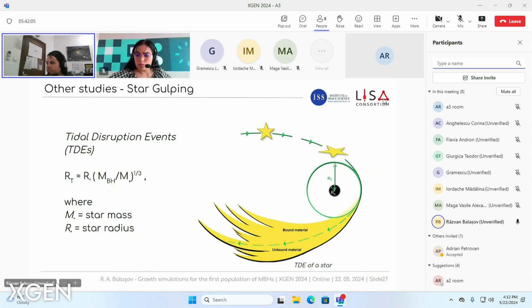So there is a space between the green line and the black area where this star can be disrupted into atoms over millions of years, basically. And that's what we can see with the normal telescopes, because this emits light. But this is the classic accretion process.